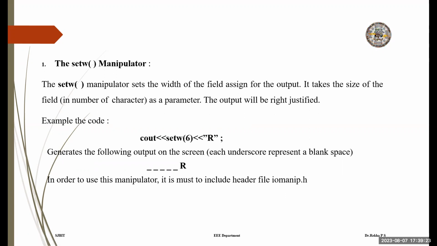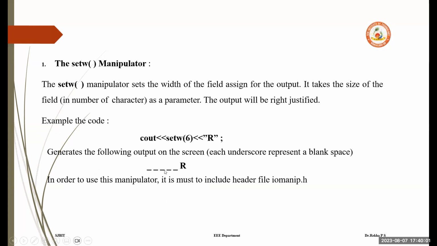Next, the setw manipulator. The set width, or setw, manipulator sets the width of the field assigned for the output. It takes the size of the field, that is in number of characters, as a parameter. So the output will be right justified. You can see here cout setw of 6. What it does is generate the following output on the screen.